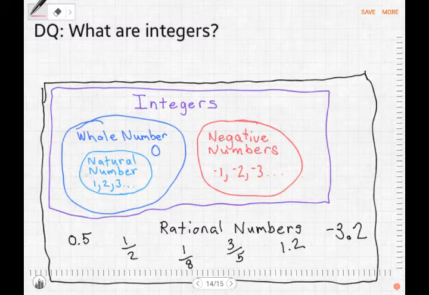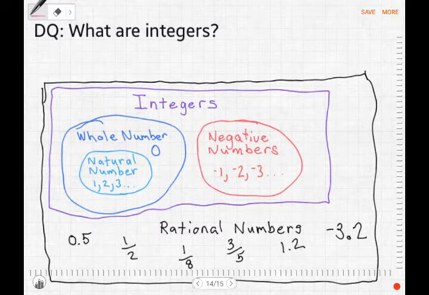If you look here at the light blue, natural numbers. Sometimes you'll hear these referred to as counting numbers. These are the numbers that you learned when you were a little kid and you first learned to count. 1, 2, 3, 4, so on and so on, all the way to infinity, right? Then you got a little older and we introduced the number 0 to you, a number that represents nothing, right?